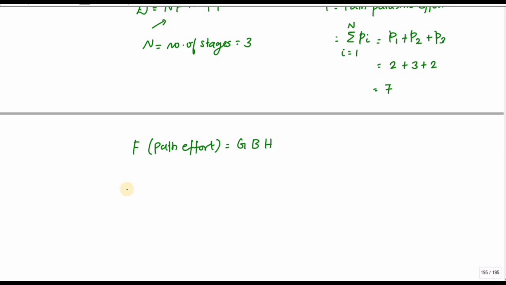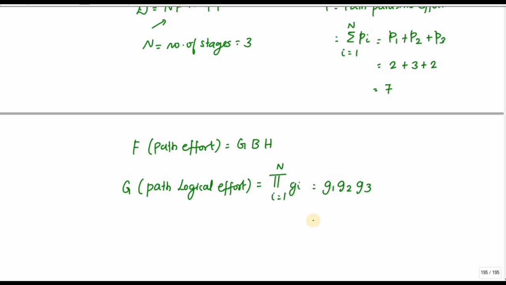What is G? G is the path logical effort, that is equal to the product of Gi for i equal to 1 to N, so G1 into G2 into G3.